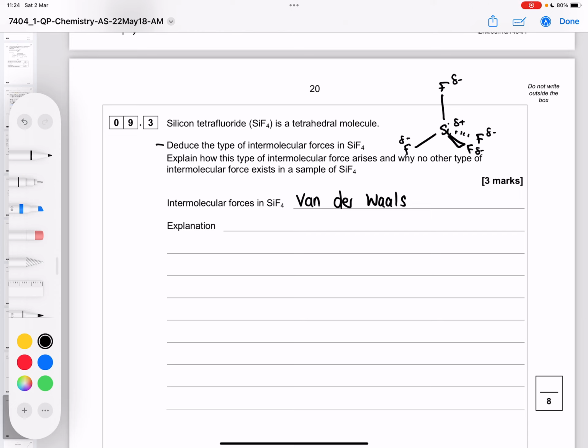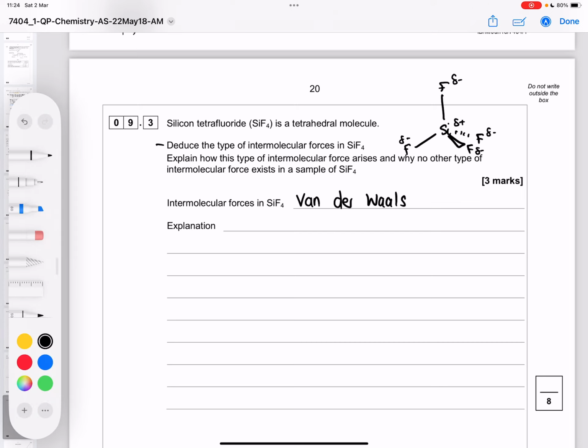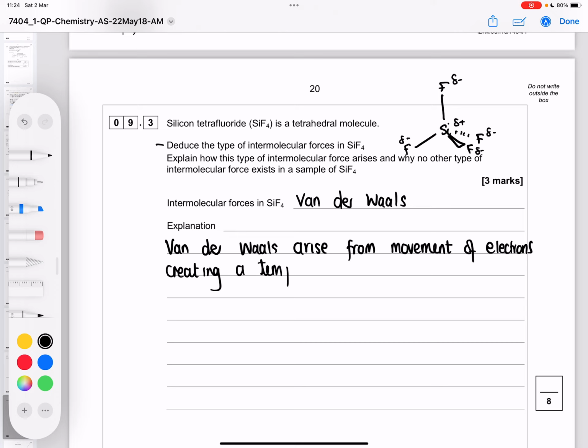So that was that bit, but now we have to explain how van der Waals arise and why there aren't any dipole-dipole forces in SiF4. So how do van der Waals arise? Van der Waals arise from movement of electrons creating a dipole, a temporary dipole in the molecule.